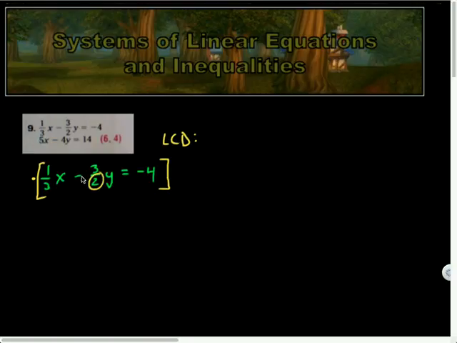Let's see, what's the LCD between 2, 3, and technically 1? 6. So if I multiply everybody by 6, 6 divided by 3 is 2 times 1 is 2x. 6 divided by 2 is 3 times negative 3y would be negative 9y. And 6 times negative 4 is negative 24. So that'll at least kill the fractions for you.